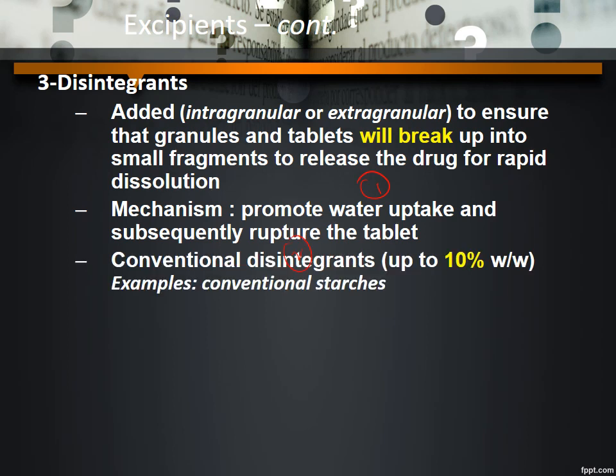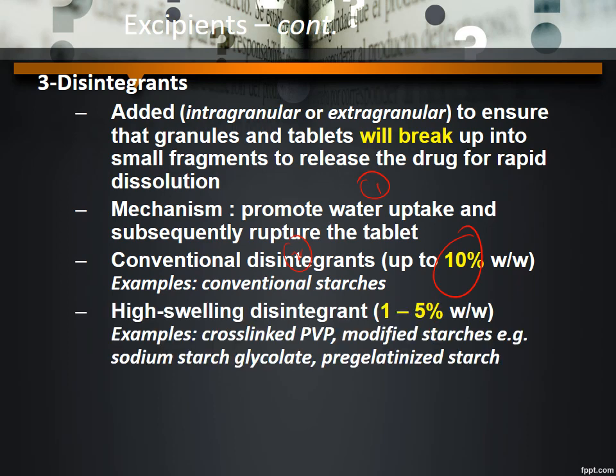Conventional disintegrants are used up to 10% weight per weight. An example of a conventional disintegrant is starch, or you can also use high swelling disintegrants, which are used at around 1 to 5%. Examples are cross-linked PVP, modified starch, sodium starch glycolate, and pre-gelatinized starch.